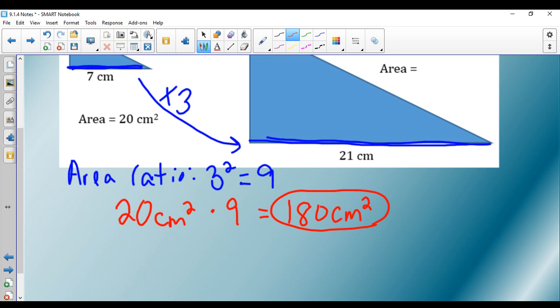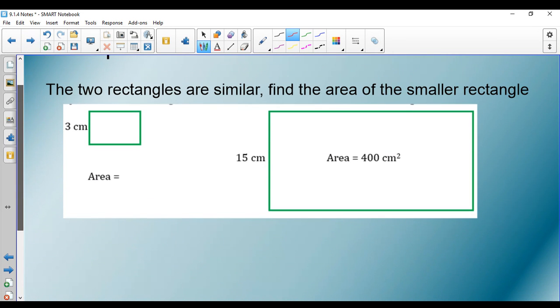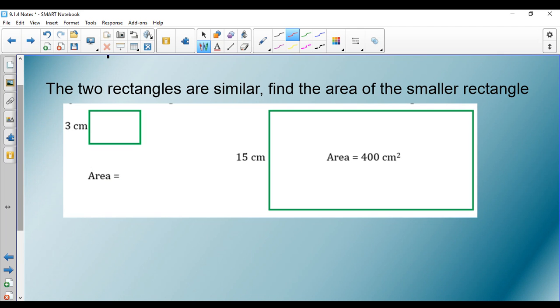So it's a much larger triangle, and that's because we can see the dimensions of that triangle are much larger as well. So then what about some rectangles? Rectangles are a little easier to work with. We know the area of this rectangle, and we know we have one length. We could undo, figure out the base, and then work through our formulas.